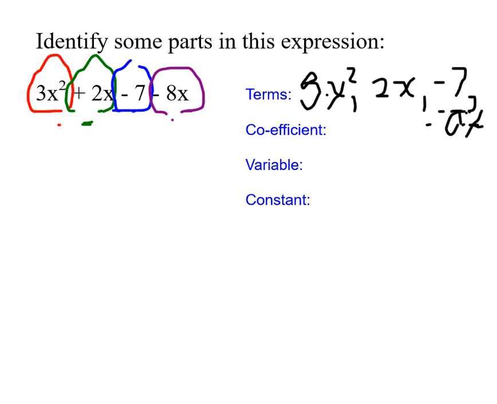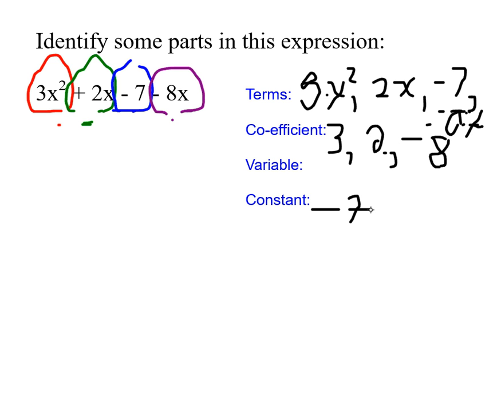So in this case, 3 is a coefficient, 2 is a coefficient, and negative 8 is a coefficient. So you might then ask, what do you do with the negative 7? Well, remember, that doesn't have a letter. That's considered to be a constant. So the negative 7 is a constant.